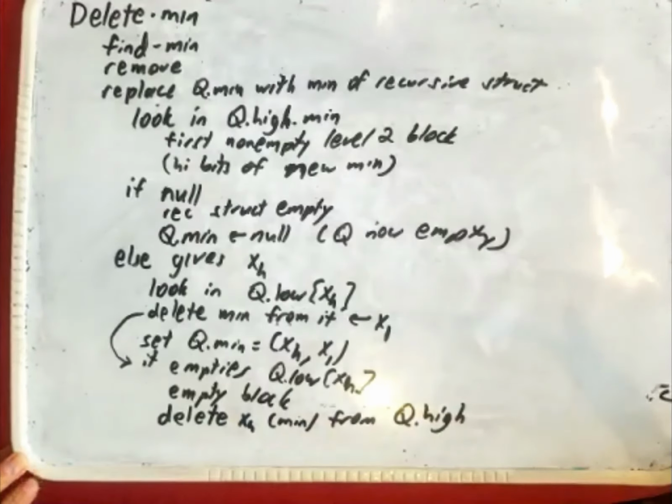There's no longer a q at position x_h. And once I carry out that delete min, I'll get the new smallest level 2 block. So any questions about this algorithm for doing delete min?